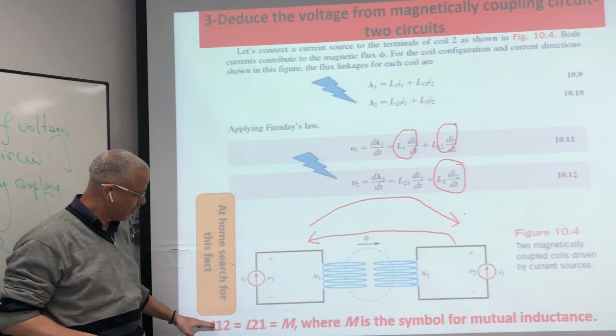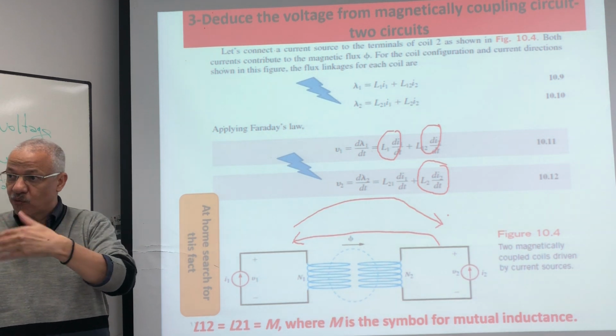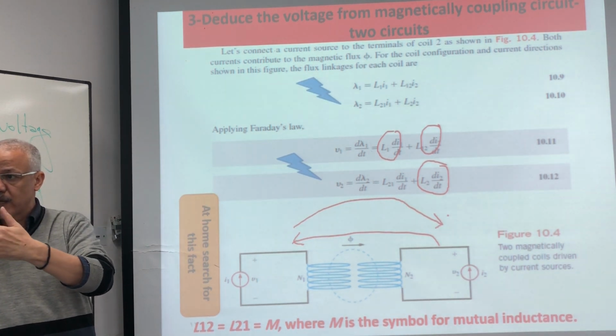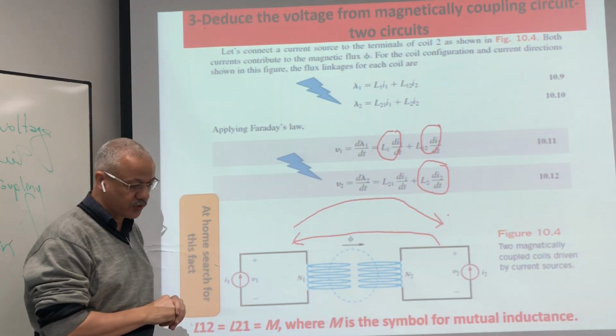So here we assume L12 equals L21 equals M, and at home you have to search about what it means that M equals L12 and L21. I will leave this part for you to read at home.